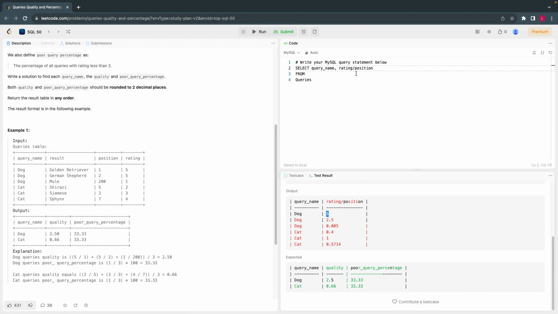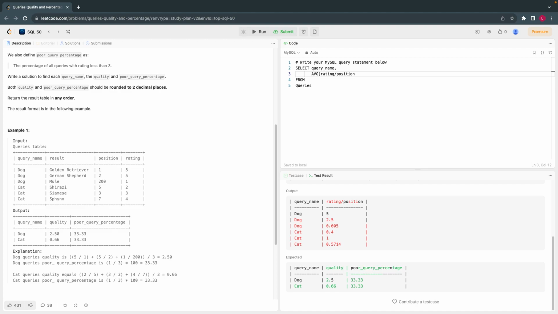So we are in a shape where we divided the rating by position. Next step is we have to sum this for each of these users. That's what it is saying here. So what we have to do is take the average, AVG, which is nothing but what we are calculating.